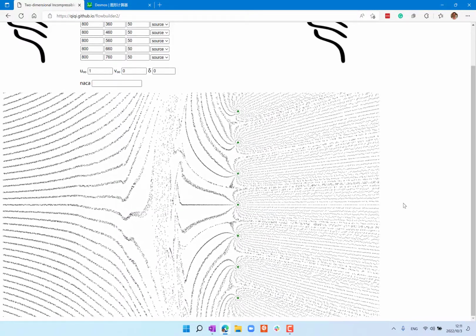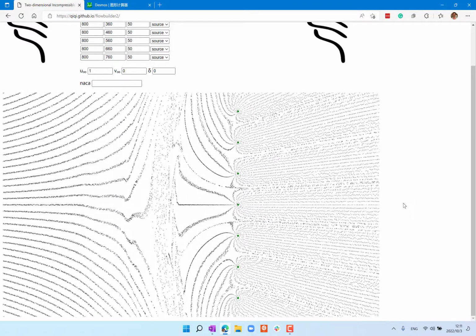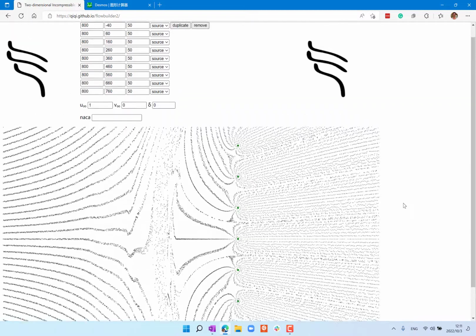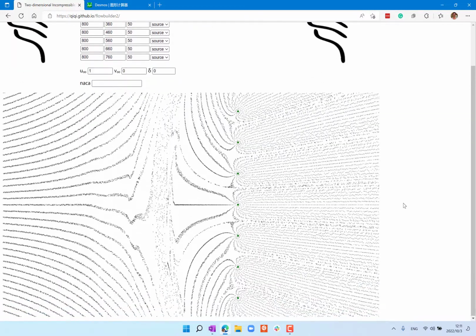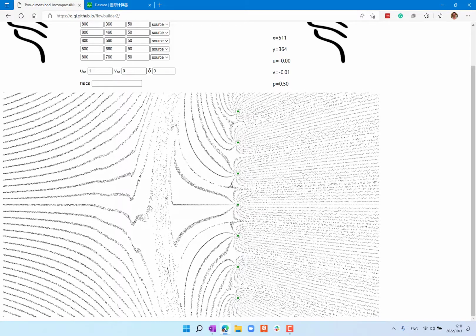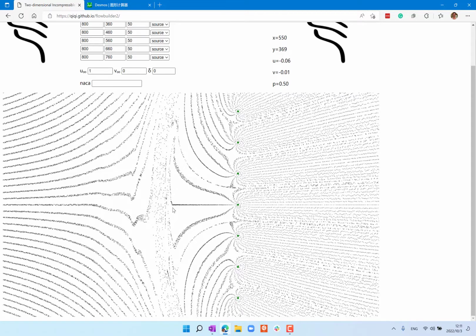Here, it's actually pretty close, because it takes a long time for this to get to equilibrium. But if you look at the flow field, U basically goes linearly.